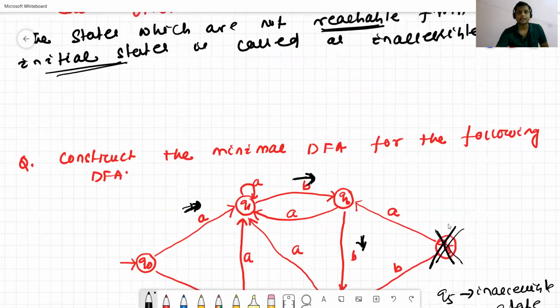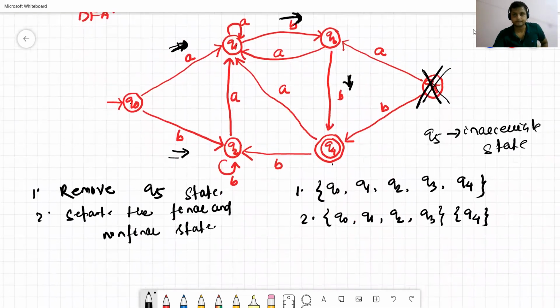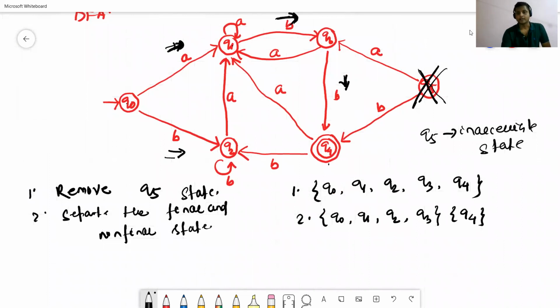The third step is to separate the states that are different from each other. Try to understand what this means. Now we'll separate Q0, Q1, Q2, Q3; Q4 is already separated from these states.